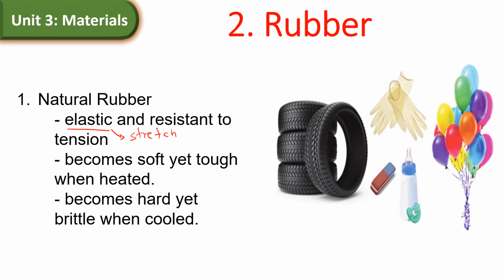So you have this process called vulcanization, where you combine chemicals to make the natural rubber more stretchy and more resistant to tension, okay? At the same time, it will become insoluble, meaning when you place it in water, it doesn't mix with the water. So that's what you call the vulcanization process.